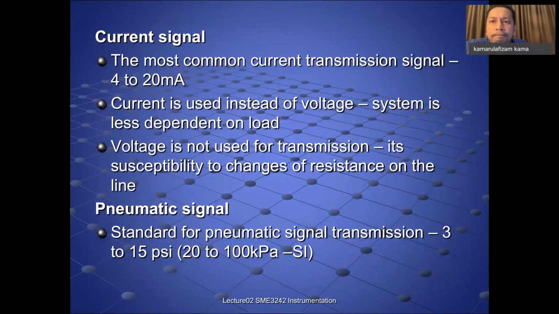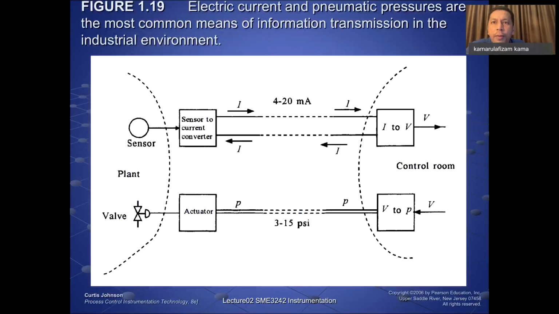All right. So that's the current signal, and below it there is the pneumatic signal, working in its own range. You can see from the diagram, the left part is the plant, in which you have sensors and valve, and the right side is the control room.